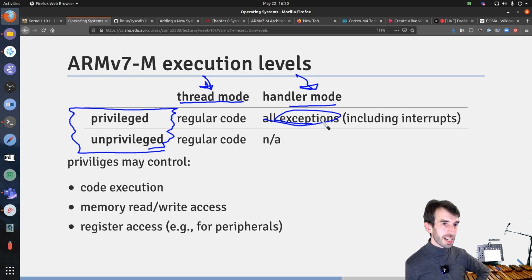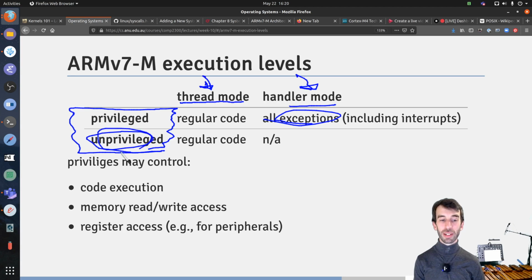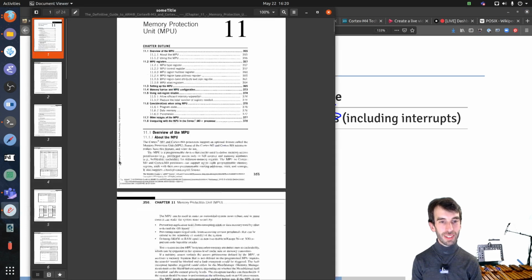Your Disco board doesn't have what's called a virtual memory unit, so it can't give processes a new map of memory to keep them in a safe area, but it does have what's called a memory protection unit, which can stop unprivileged code from reading and writing certain locations in memory, which you can learn about as an extension if you want to.